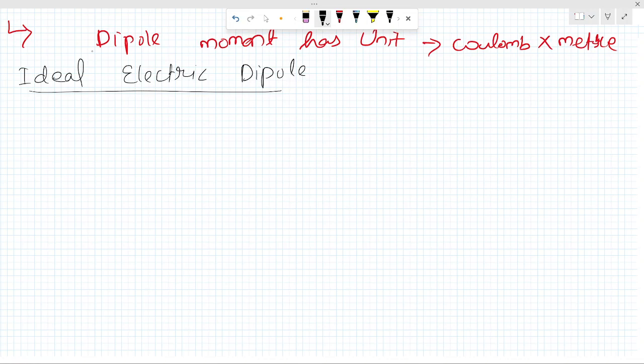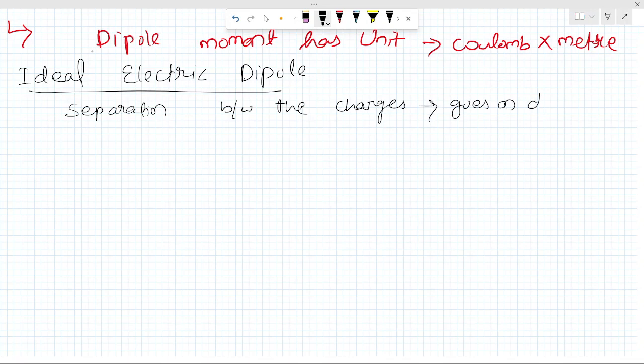An ideal electric dipole is one whose separation between the charges goes on decreasing and magnitude of the charges goes on increasing.